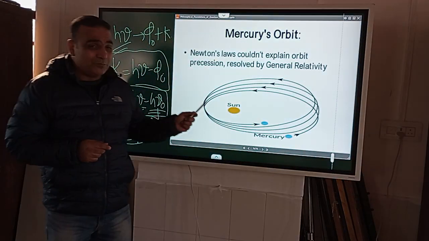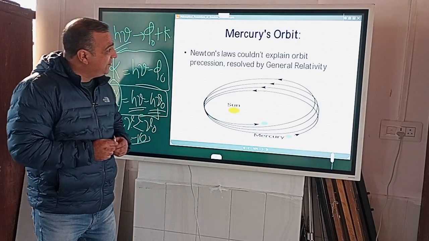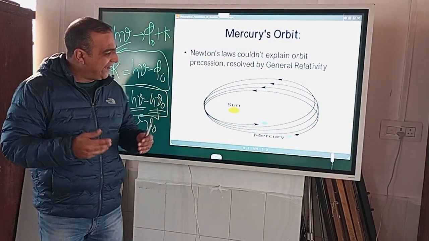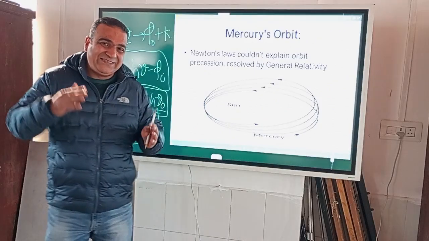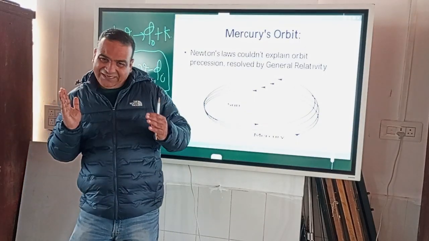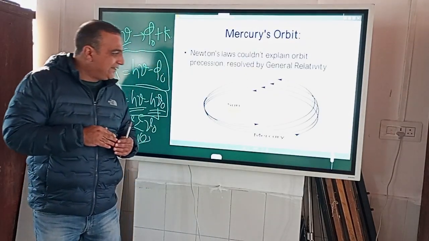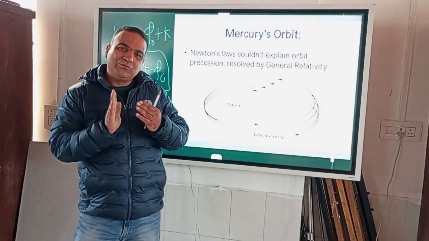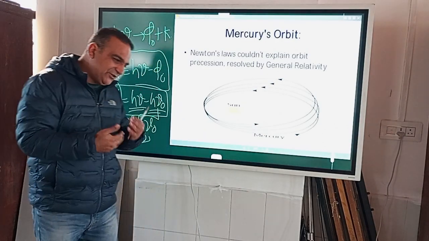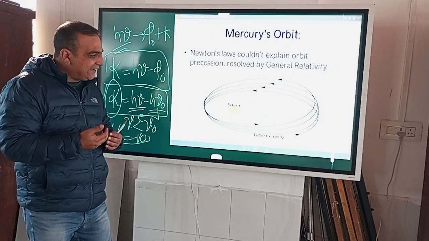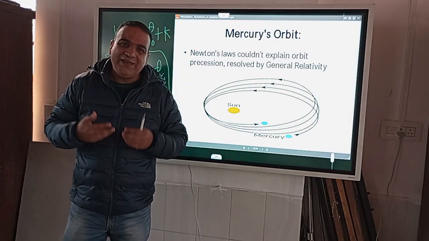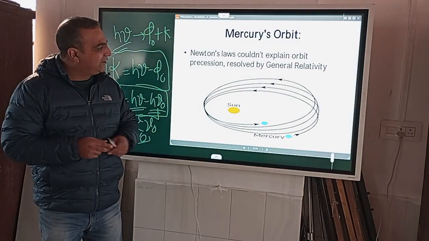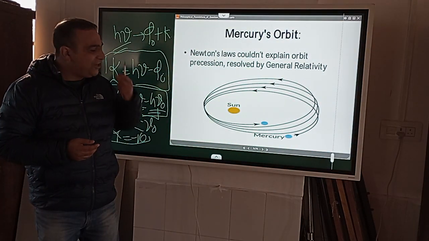But when it comes to Mercury, the Newtonian laws fail. They cannot explain the tilt, because the tilt of Mercury is the largest. It has more precession with respect to the gravity of the sun. That precession cannot be explained using Newton's laws and the universal law of gravitation.